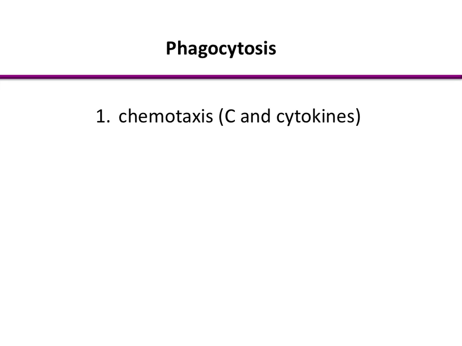For that, they have to be attracted there, and that's done by chemotaxis, chemotactic complement components, or some cytokines. Then at that site, something has to opsonize the foreign body, the bacterium, for the phagocyte to know that it's something that it can eat. Typically that is done by complement or antibodies, as said already.